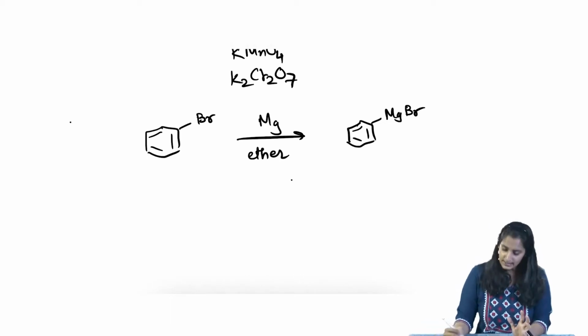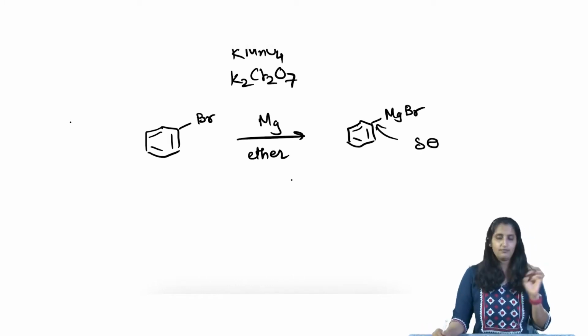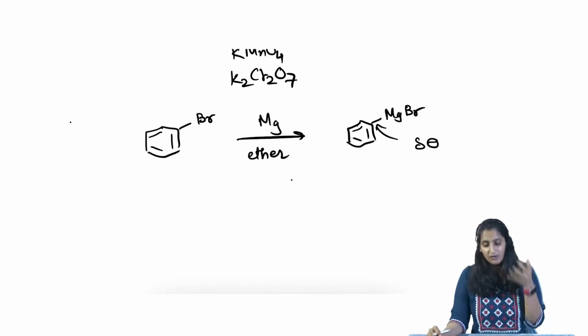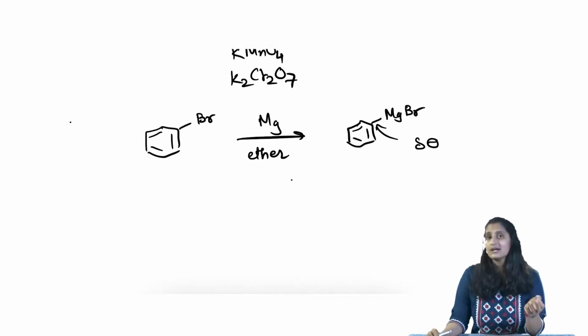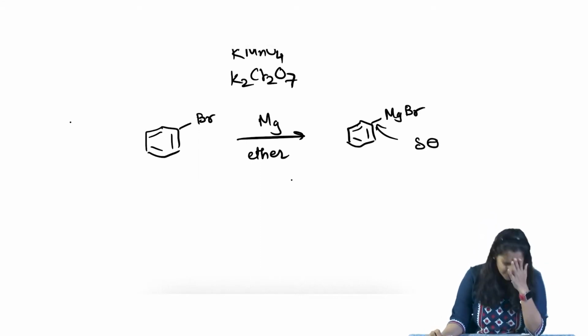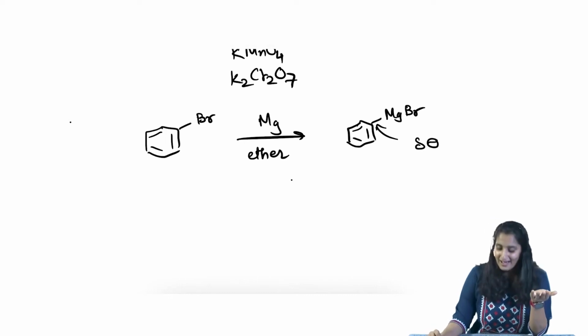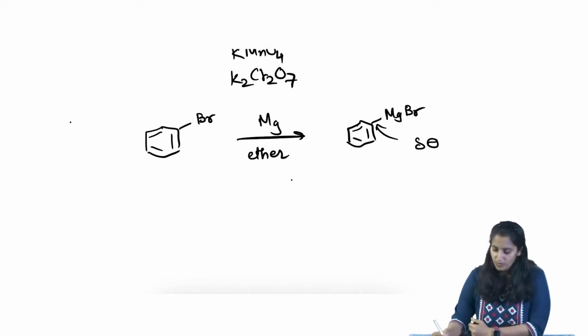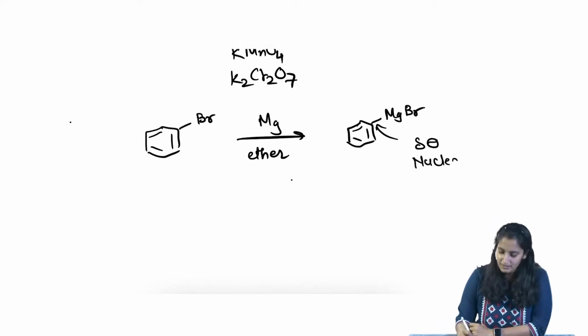Remember, the carbon here has a delta negative because it is higher in electronegativity than the magnesium, and this becomes our nucleophile.